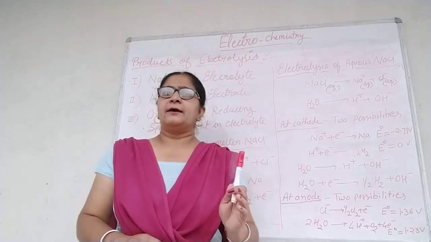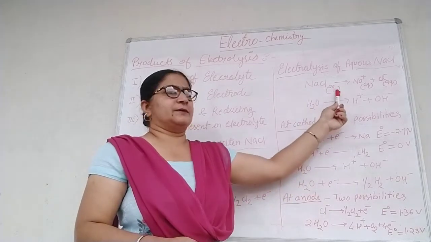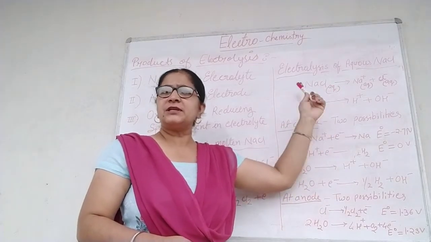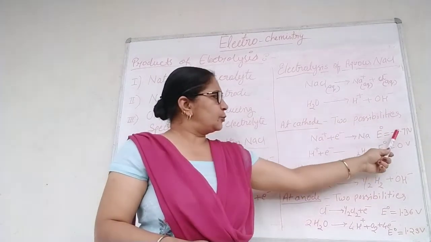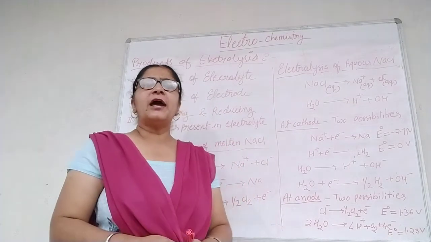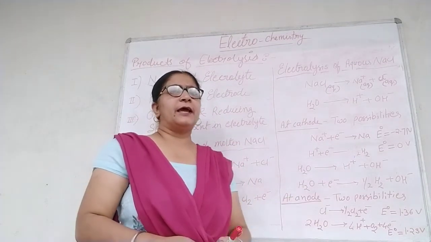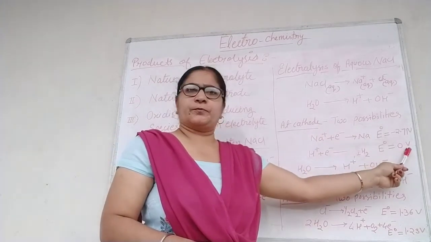The standard reduction potential for this first reaction is about minus 2.71 volt, and for hydrogen electrode, we all know that it is equal to 0.